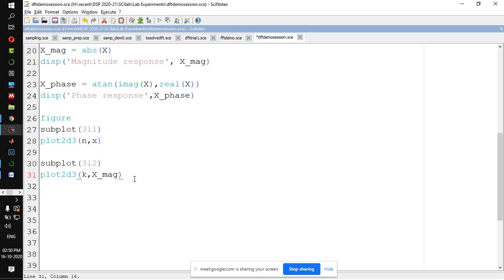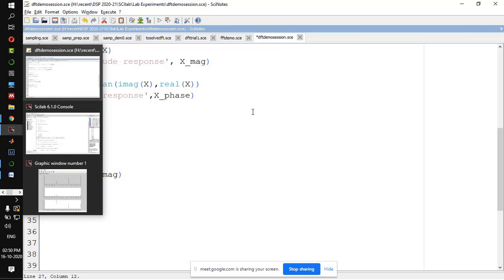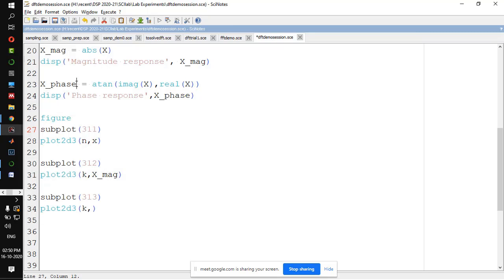Now in the third figure, subplot 3, 1, 3, plot2d3. The phase angle of x of k, so it is with respect to k comma phase. So phase is here. This is what I want to plot.